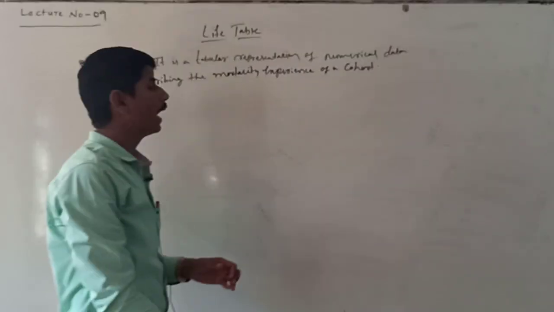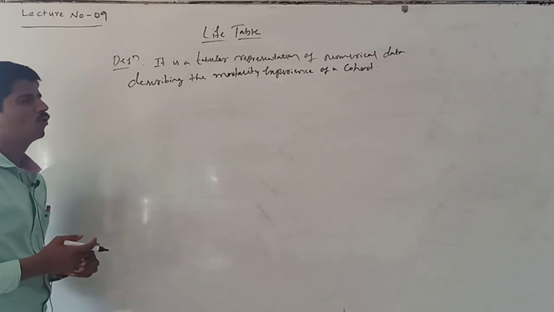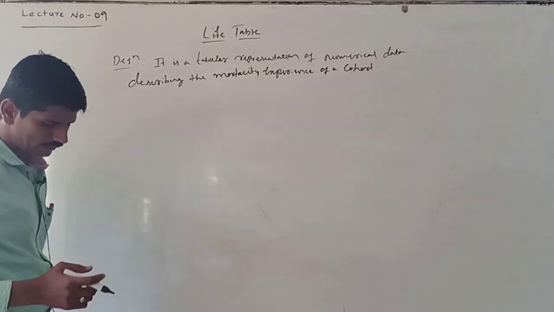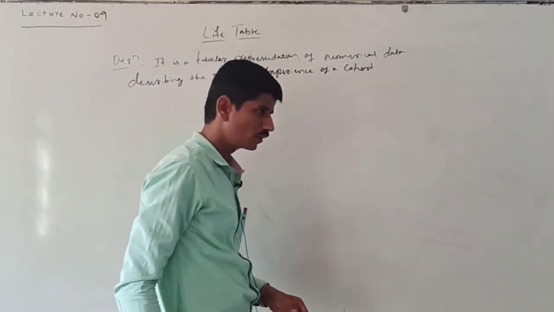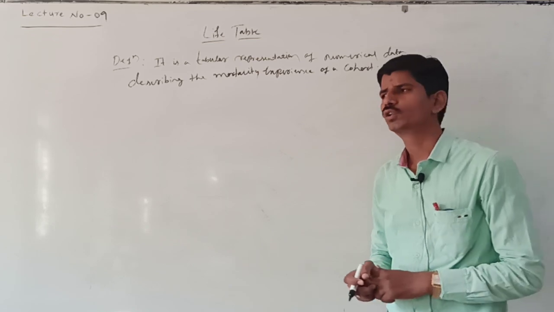It is a tabular representation of numerical data describing the mortality experience of a cohort is called as life table. Or the life table gives the life history of a cohort.